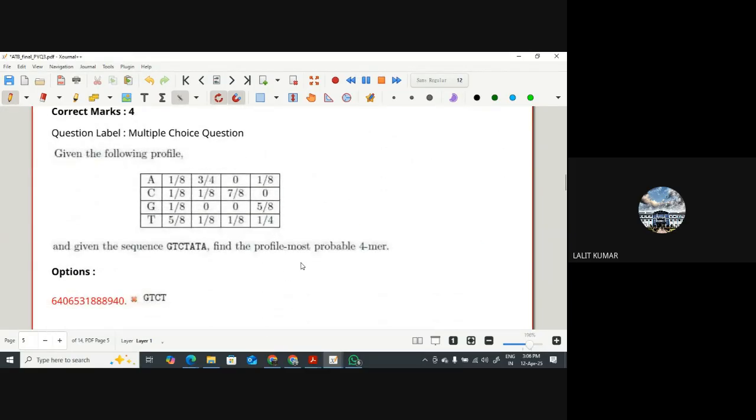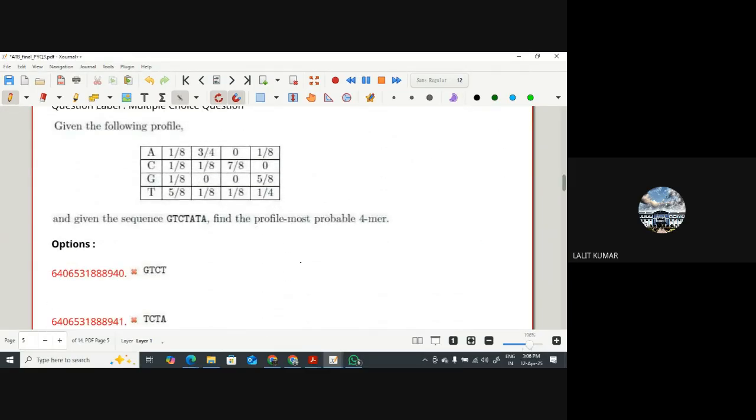Now the next question is, given the profile and given the sequence GTCTATA, find the profile most probable k-mer. So how to solve this? Okay, first we have to find, for example, here A3 is equal to 0, C4 is equal to 0, G2 is equal to 0, G3 is equal to 0, and nothing else is 0.